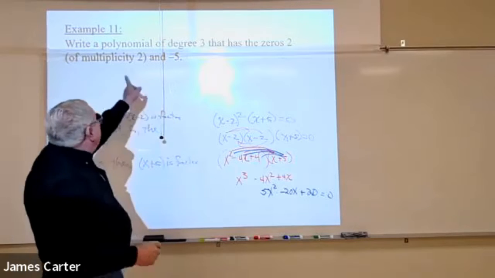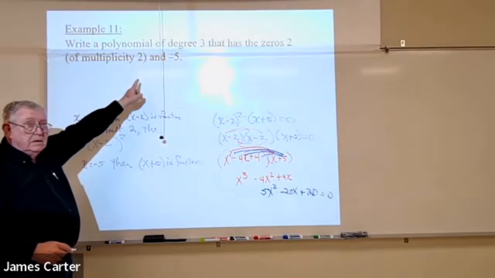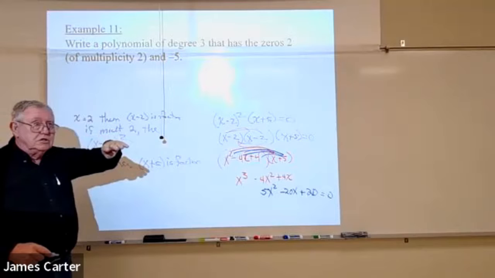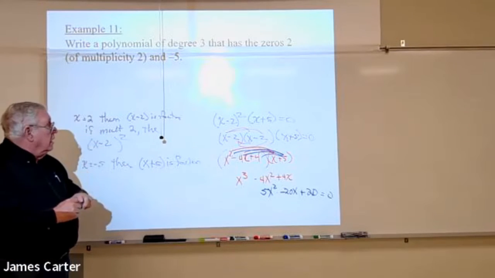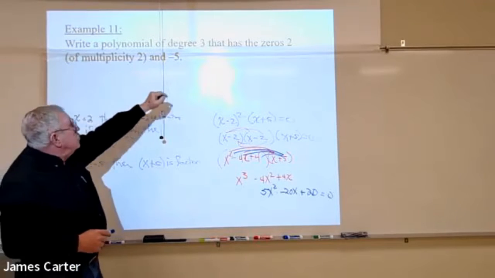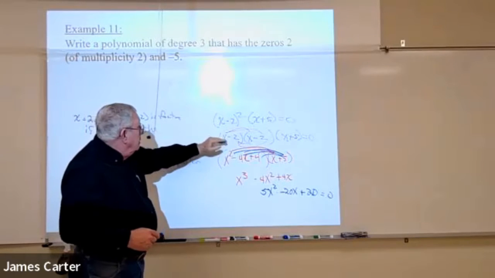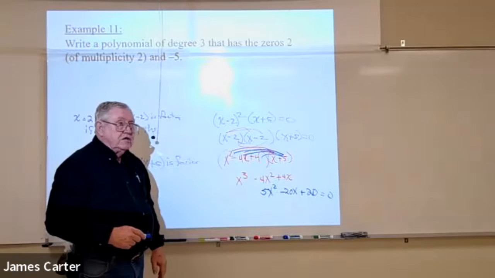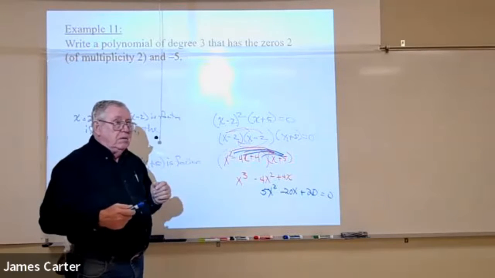Okay, that's what this language is telling you to do. Any questions on this? Okay. So if you see this language, write a polynomial, that's wanting you to take the points on the axis, convert them to factors, and then multiply out the factors. That's the sequence that's always going to happen on this kind of problem.